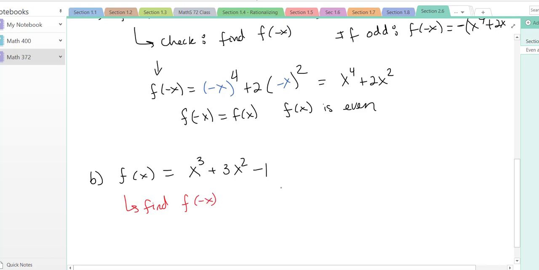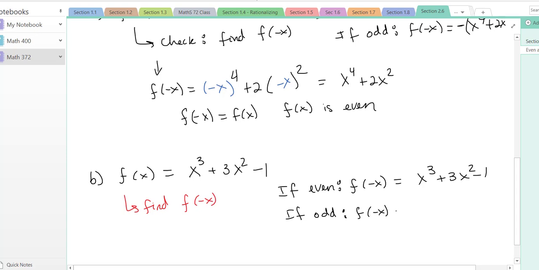Same thing. If even, f of negative x is going to be the exact same thing, x cubed plus 3x squared minus 1. If odd, then f of negative x, I should be able to get a negative out of the whole thing, so it'll be negative x cubed plus 3x squared minus 1. And if it's neither, then I shouldn't get any of those.